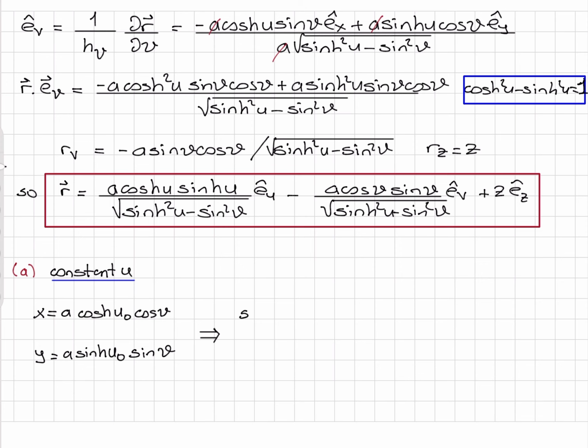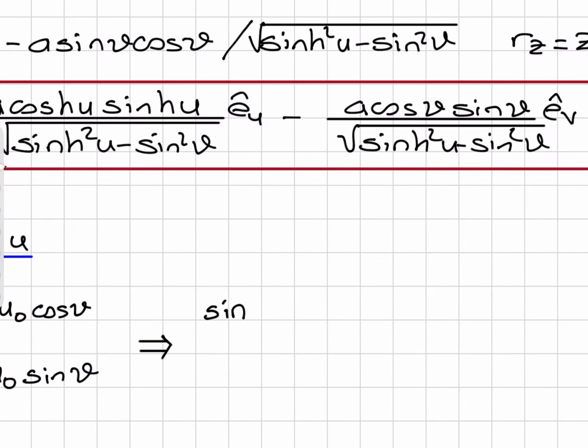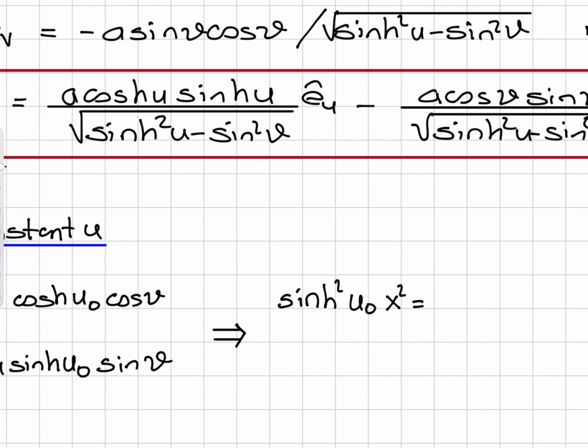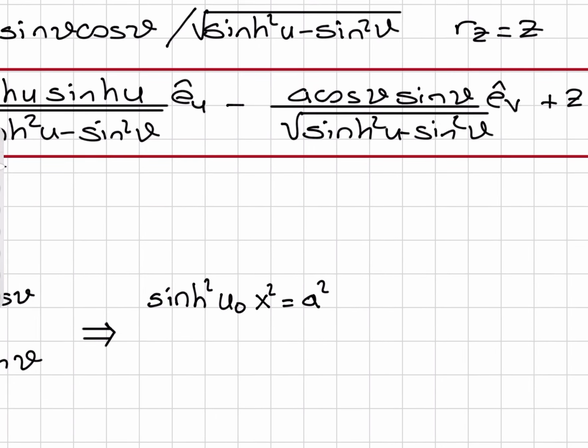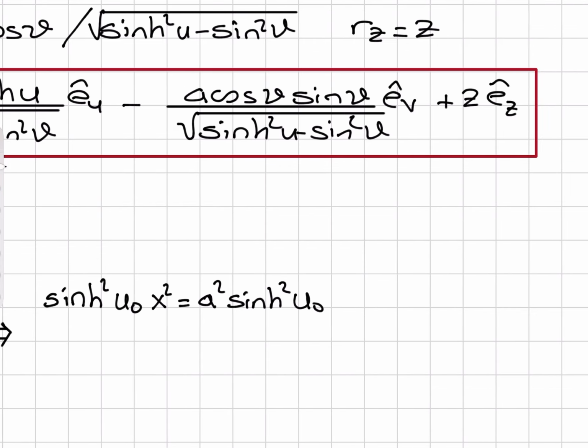Sinh square u0 x square is equal to a square sinh square u0 cosh square u0 and cos square v.